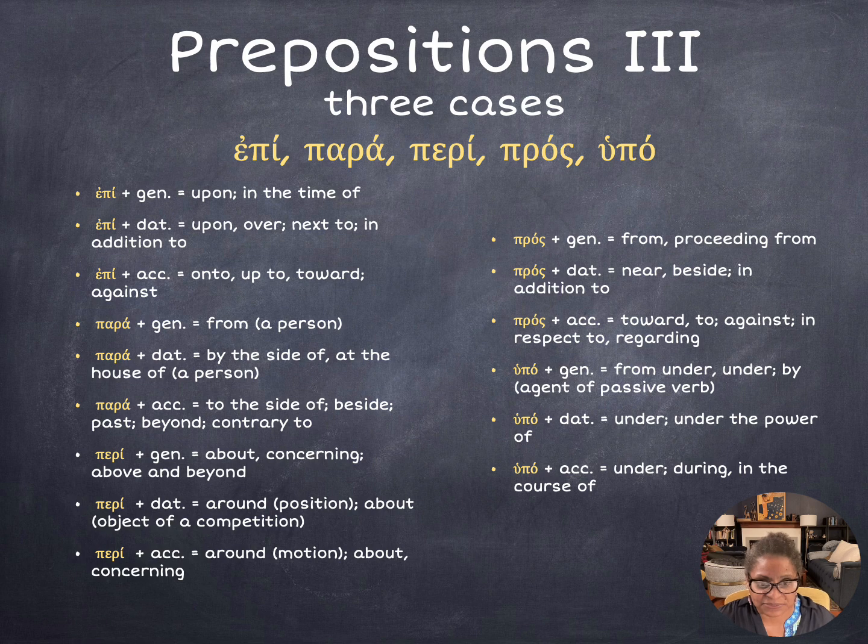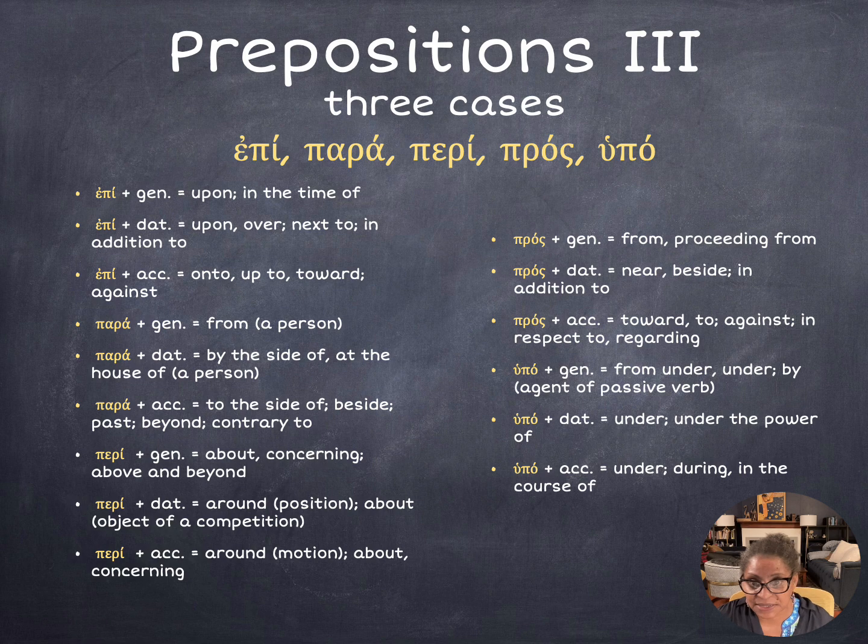Peri plus the genitive is about, concerning, above and beyond. Peri plus the dative is a position around, about, in terms of the object of competition. You're fighting about something, so peri. And peri plus the accusative, again, motion around, so going around something, about or concerning something.